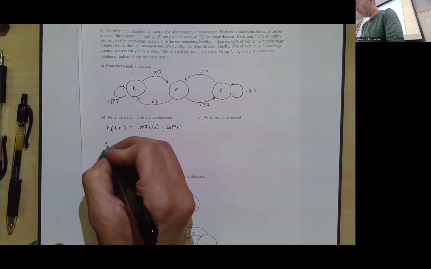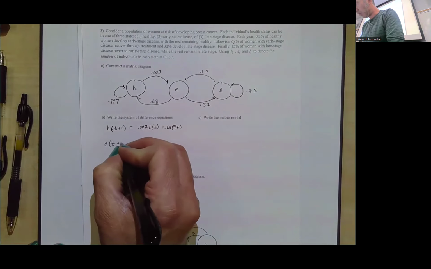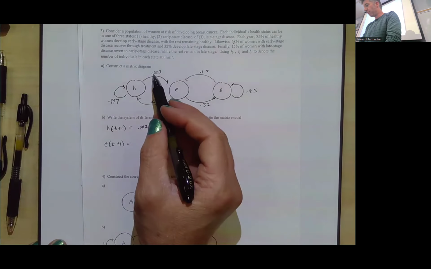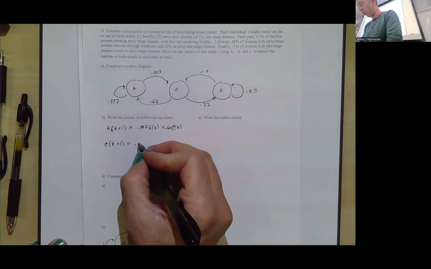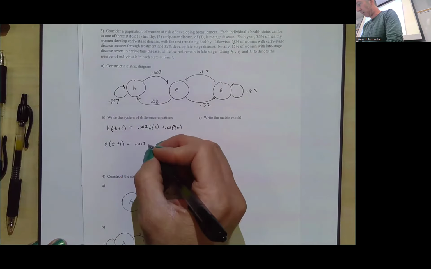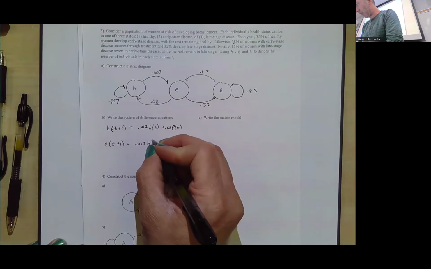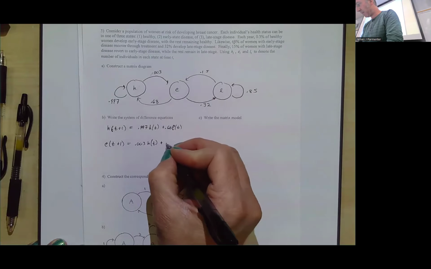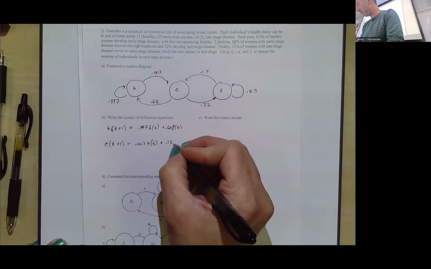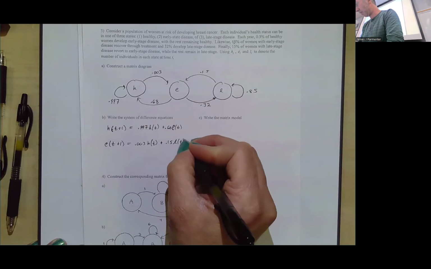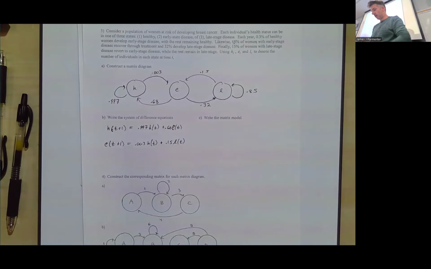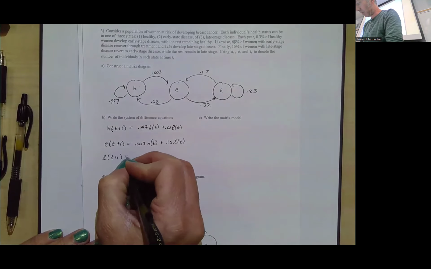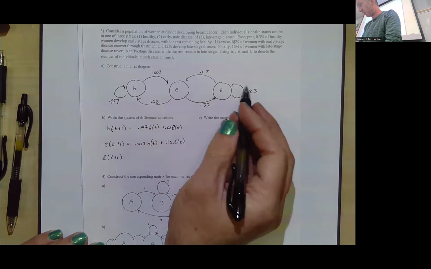Similarly, for next year's early stage people, it's going to be all the arrows pointing into it. So 0.3% or 0.003 times the current year's number of healthy people plus 0.15 times the current year's number of late stage people. And then finally, for next year's late stage people, again, all the arrows going into it.